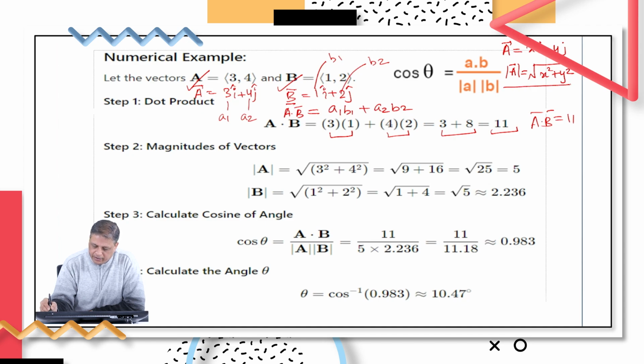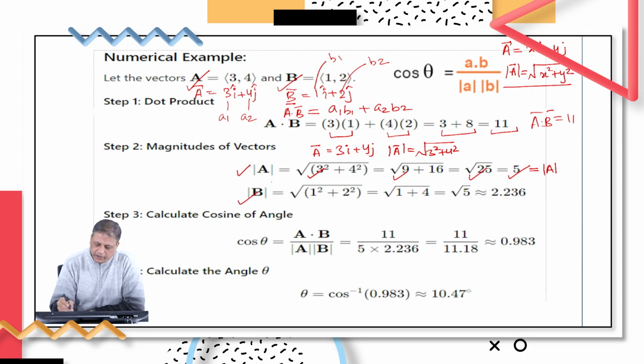Applying this understanding, we can find the magnitude of vector A. Vector A is given to us as 3i plus 4j. Therefore, magnitude of A will be equal to square root of 3 square plus 4 square, which turns out to be 9 plus 16, that is square root of 25, that turns out to be 5. So, 5 is the magnitude of vector A.